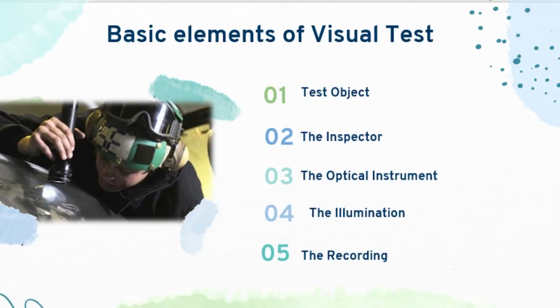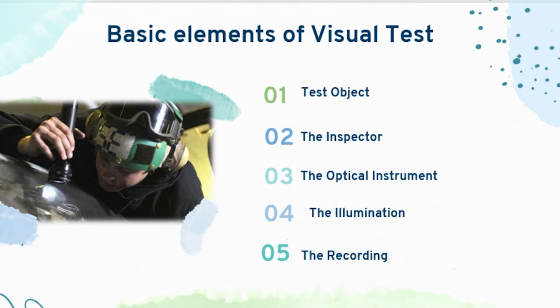Basically, there are five basic elements of the visual test. First of all, we need to know the test object. As we all know, it's a test where we see something, so it is important for there to be an object. Second is the inspector, who is the one in charge of doing the visual test.